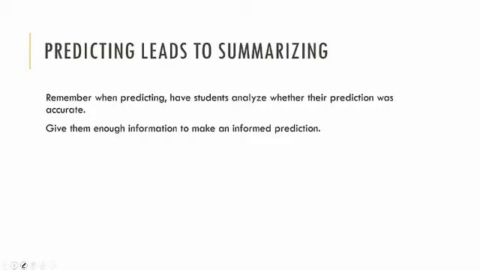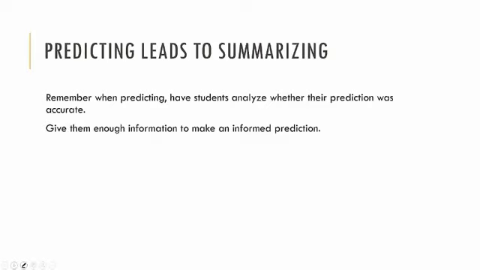What I mean is that when you're making predictions, it's important to give students enough information from the text to actually make a prediction. So have them look at the text, at specific textual clues and cues such as captions and titles, and then make informed predictions about what they're going to read.